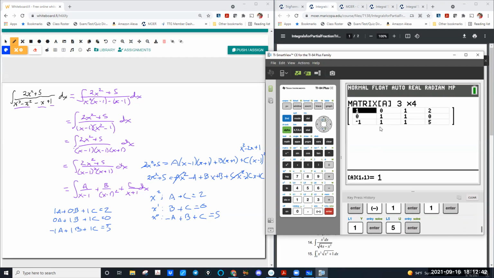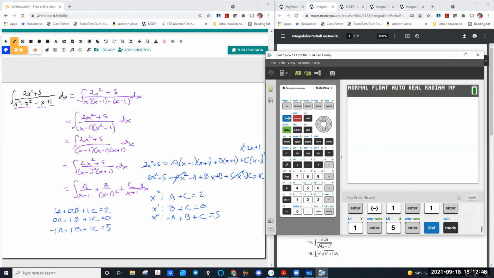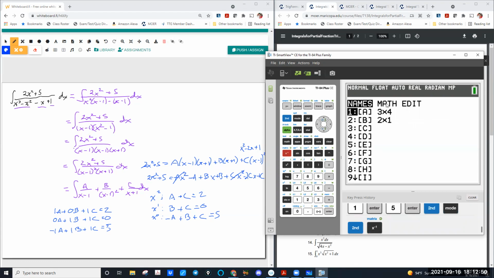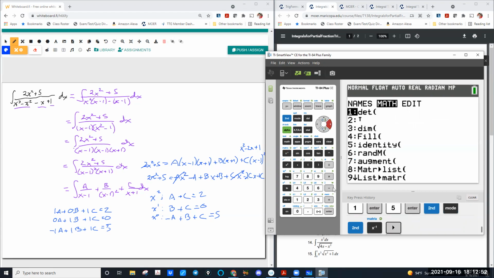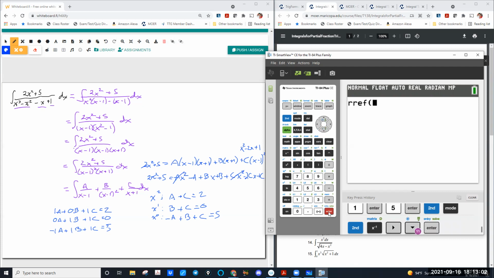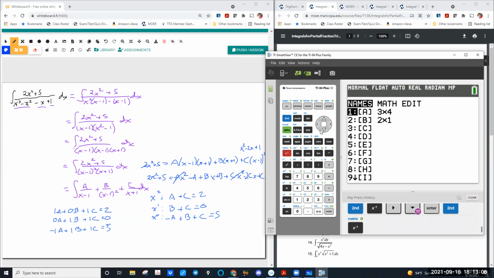All right, everything's entered into the matrix. And here's what you do. You quit out of here. You go back into second matrix. This time we're going to do math on it. You're going to scroll down to RREF. It stands for row reduced echelon form. We're going to hit enter. Then I'm going to put in that matrix, the second matrix.